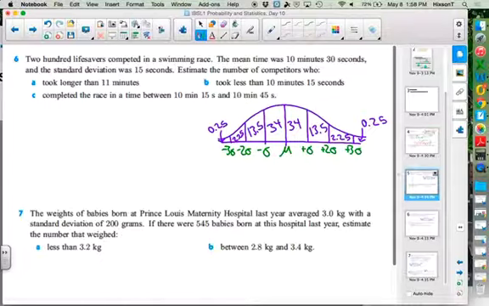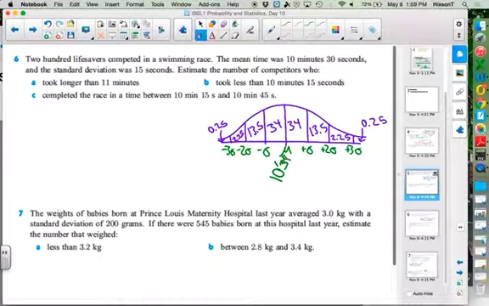Here we look at our mean, which is at 10 minutes, 30 seconds. Let me just use the diagram we have here. This is 10 minutes, 30 seconds. The standard deviation is 15 seconds.